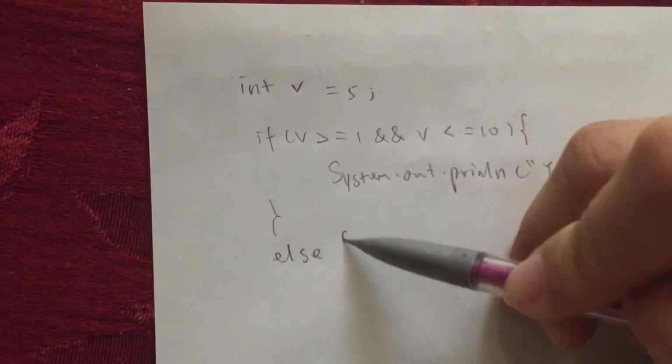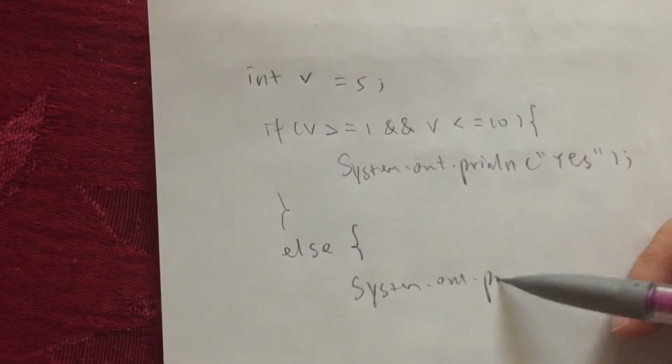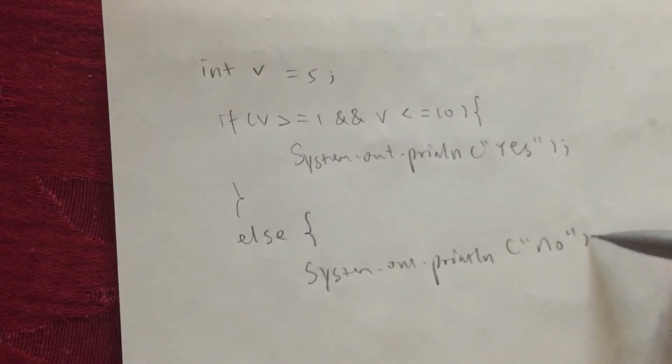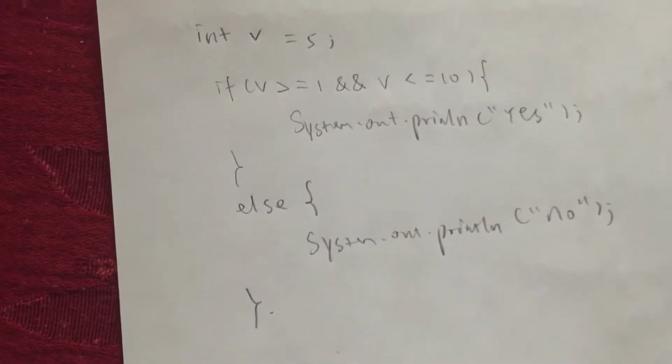If it's not within the range, print out no. Okay, that's it. This is the example for this question.